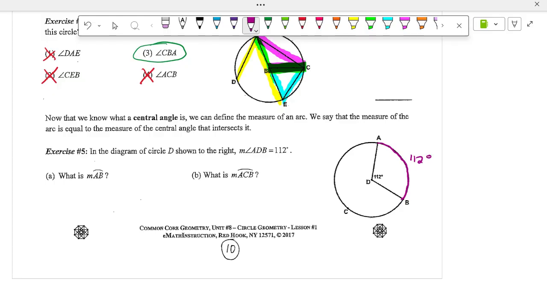You can think about it as the ice cream on top of the cone. If the angle's the cone, the arc is the ice cream. So this would be 112 degrees. Now, on the flip side, how can I use that little piece of information to find the major arc ACB? Right, you would do 360 minus 112, which would be what?